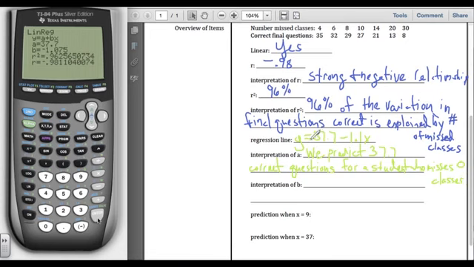For my B, the negative 1.1, that's our slope. That's how much we predict the y to increase, or in this case decrease by, as the x goes up by 1.